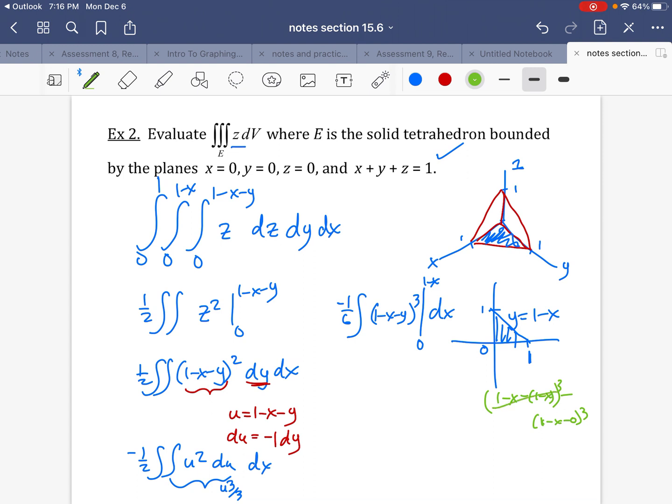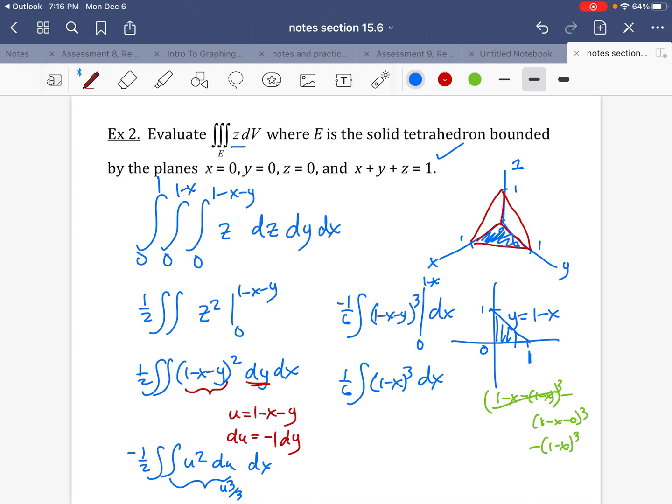So this piece up here cancels out. So I end up getting -(1 minus x) to the third. All right, and so I basically have that combined with my -1/6, so I have two negatives, makes a +1/6. So I get a +1/6 integral, and I have (1 minus x) to the third still, dx.